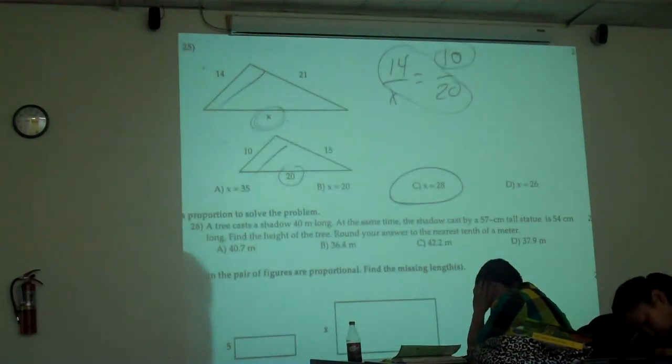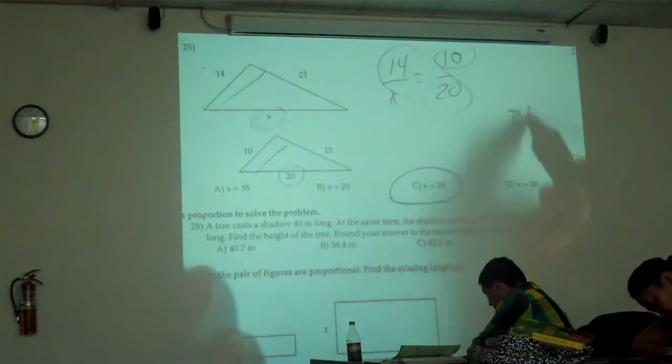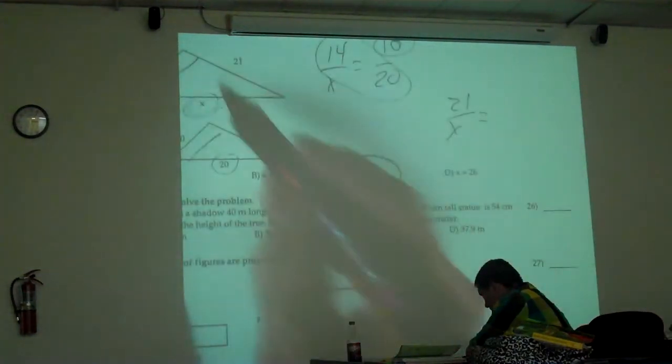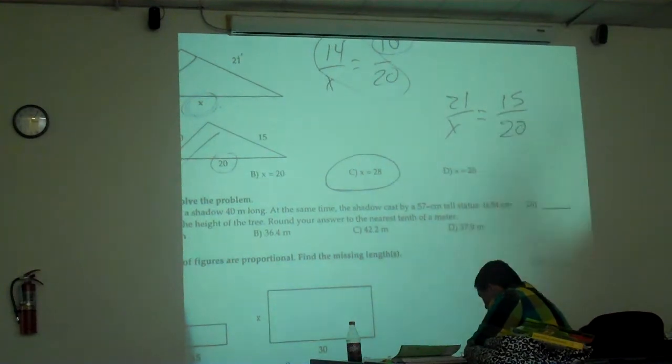Should be about 28. Or you could have went 21 over X equals this over this equals 15 over 20. Should get the same answer.